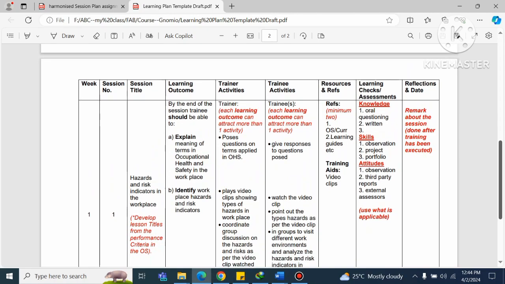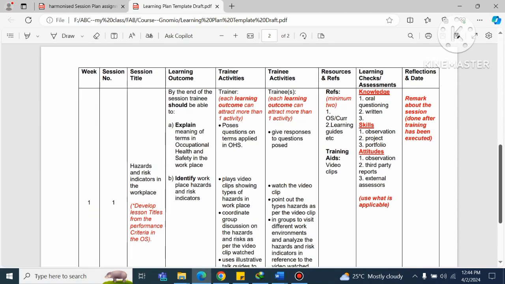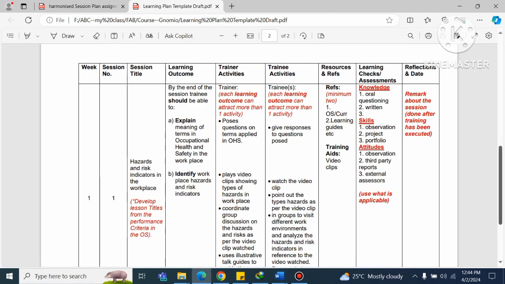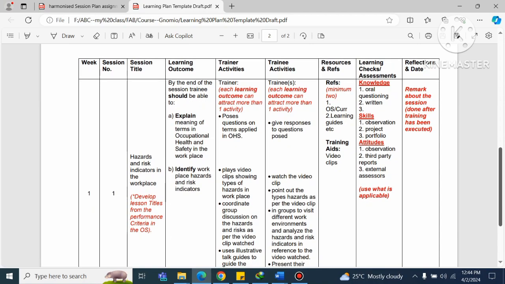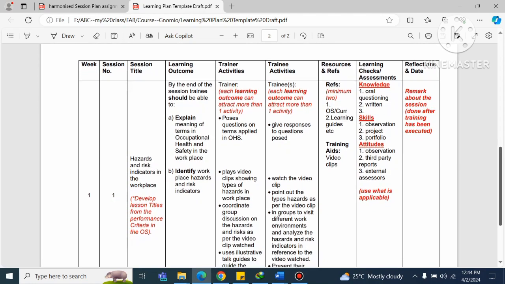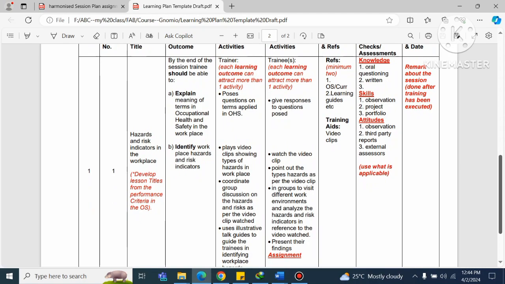Then reflections and date. You come to fill this later after you are done with the training. It's usually filled when your training has been executed. You reflect on whether the learning outcomes were achieved, and if they were not, what went wrong or what the mistake was, and try to put in mitigations, solutions, or a plan on how to counter those mistakes.